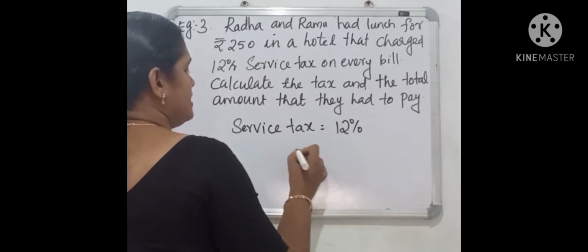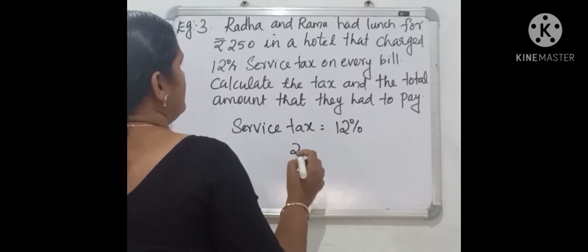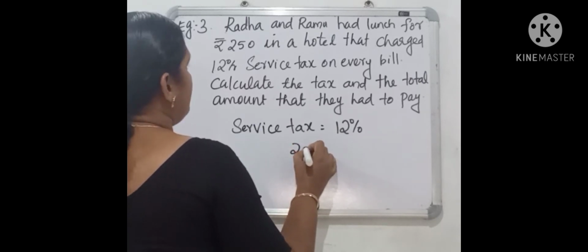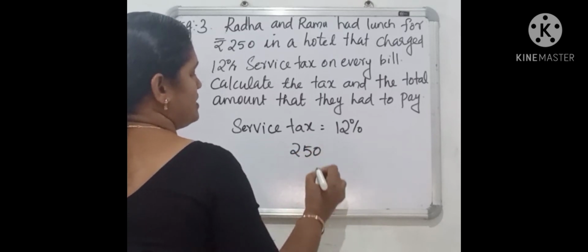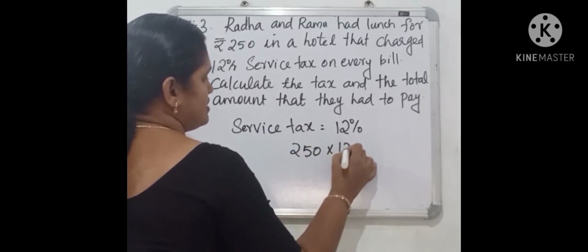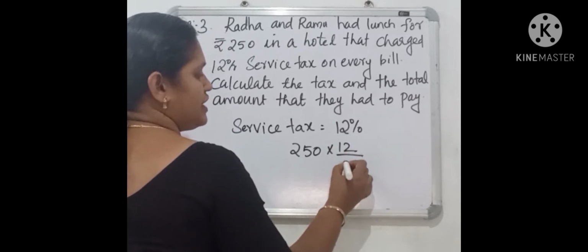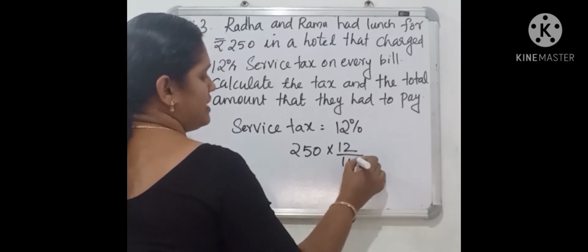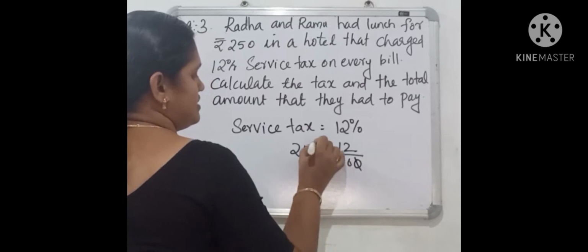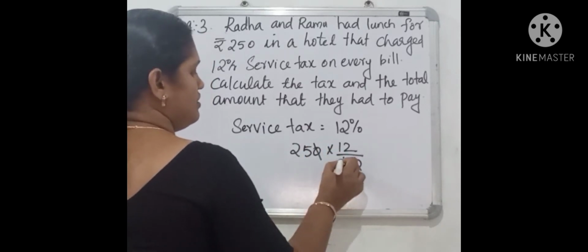Okay, so service tax equals 12% of 250 rupees, which equals 250 into 12 by 100. We can cut these two 0.